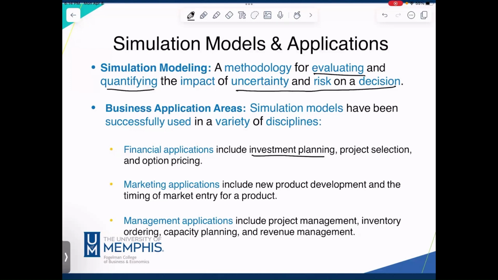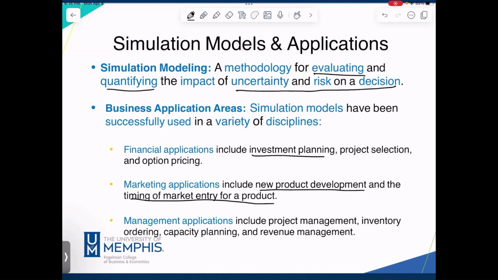Now, some of the marketing applications would be new product development, or let's say the timing of market entry for a product. Whenever you have a new product, you don't know exactly how the market is going to react to it, right?